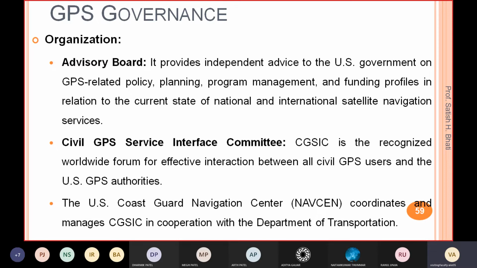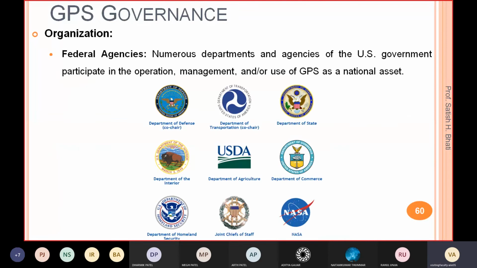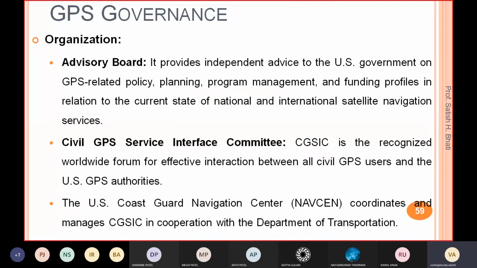The US Coast Guard Navigation Center coordinates and manages this CGSIC in cooperation with the Department of Transportation. So this is some brief information, right? If you search on Google about GPS governance, you will get a lot of documents in detail.